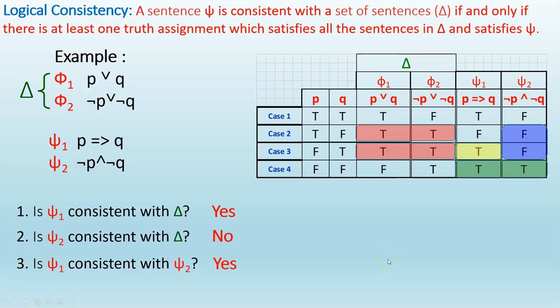So, when it comes to logical consistency, using a truth table to determine if sentences are consistent with sets of sentences is a fairly straightforward activity.